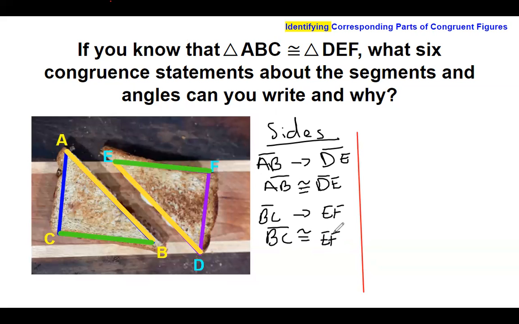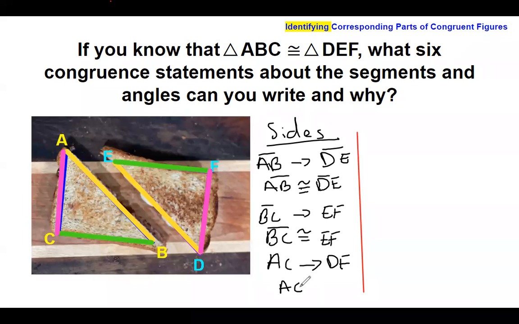All right, and the last pair of sides. Let me do this one in pink so you guys can see it. So let's do AC. AC is corresponding to DF. So let me write that down. AC is corresponding to DF.